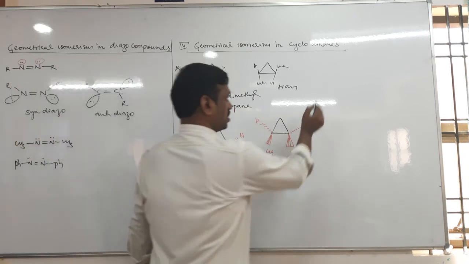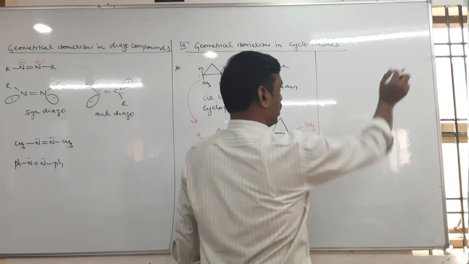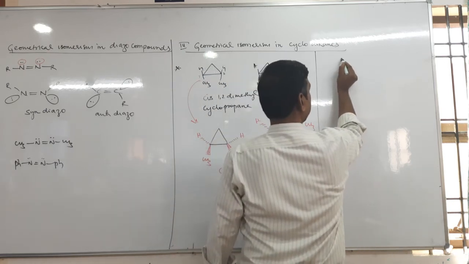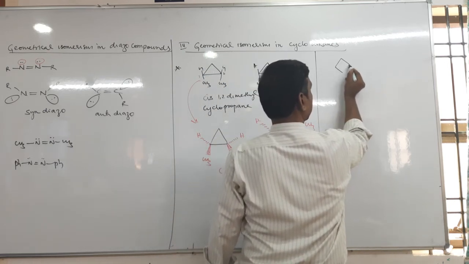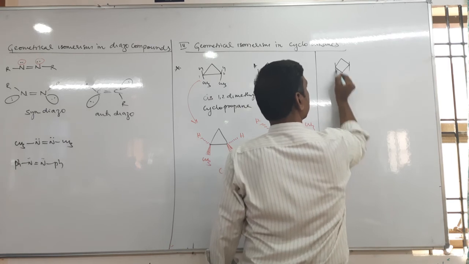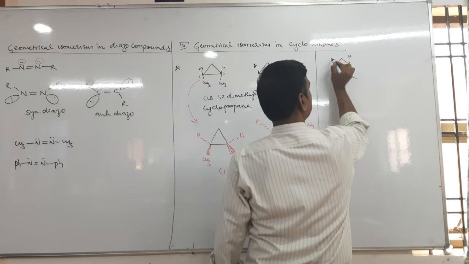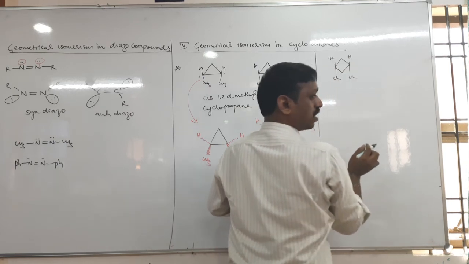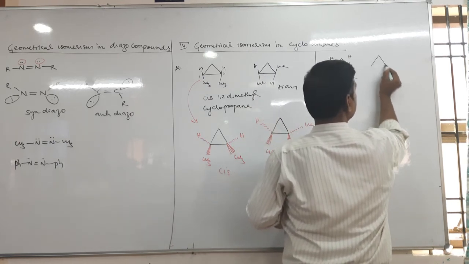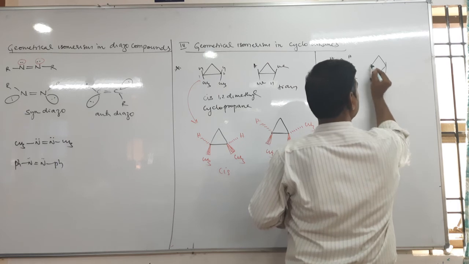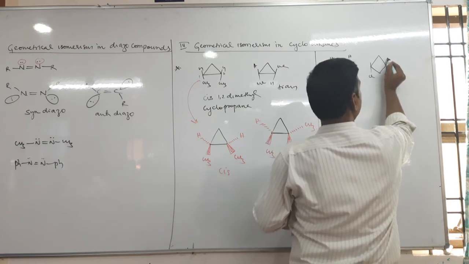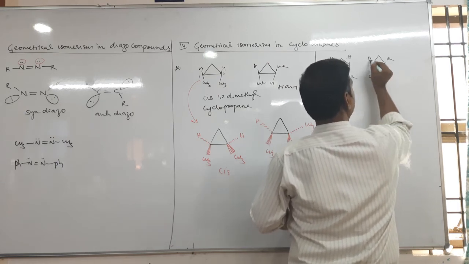Okay, let's see some examples. That was cyclopropane. In cyclobutane, it is chlorine, H. Cis or trans? Cis. Correct? Cis, trans. Chlorine, H. Trans.